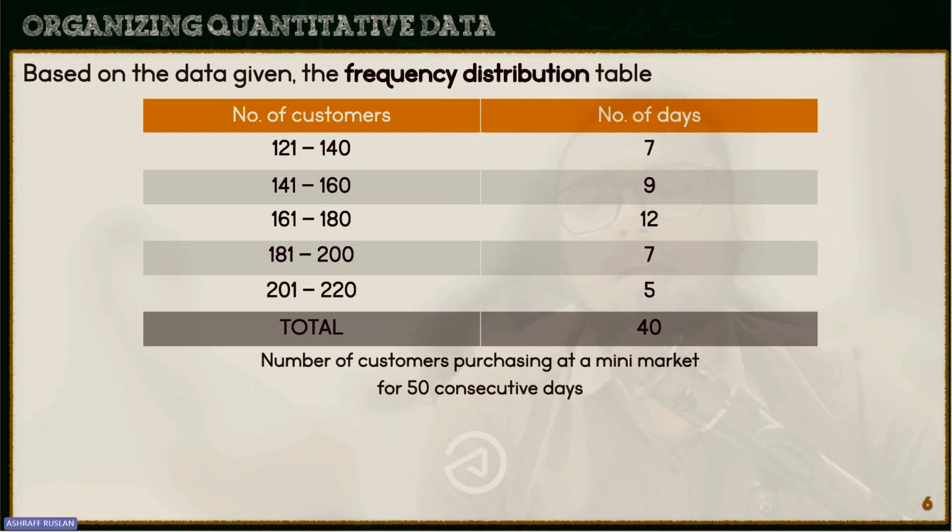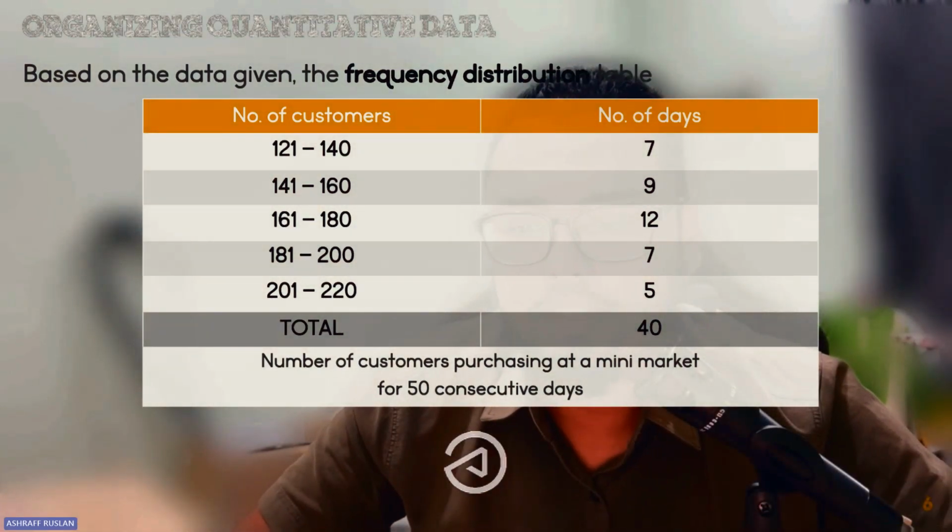Okay, so dekat sini dia buat 121 orang ke 140 customer adalah sebanyak 7 hari. Okay, untuk jumlah customer 141 to 160 customers, the number of days for that particular number of customers appearing and shopping in that mini market is 9 days. Okay, nampak kat sini.